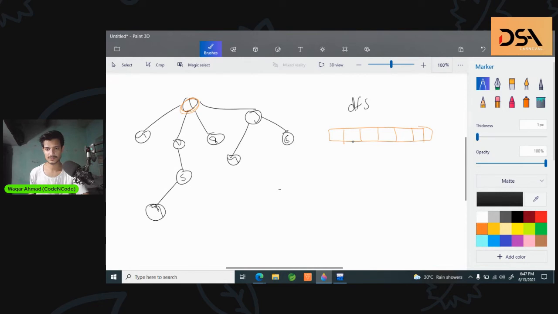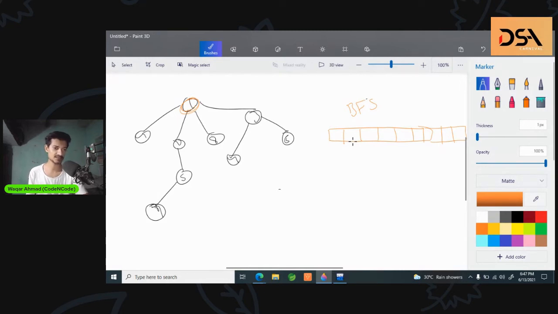Now I need to increase the size of this array. We already have 7 elements, so let's go for 8, 9, 10. And now this is BFS, not DFS. So now we are going to learn about BFS, that is breadth first search. Using BFS, you can find out the shortest path from a certain node.